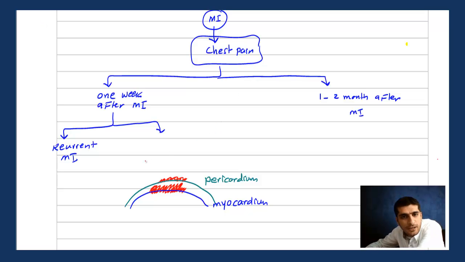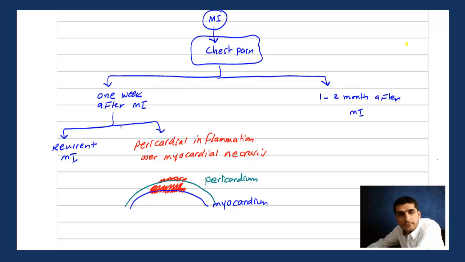So your answer will be pericardial inflammation over myocardial necrosis. So that's it. Chest pain, 1 week after MI.